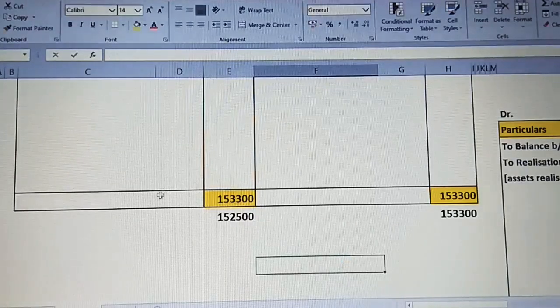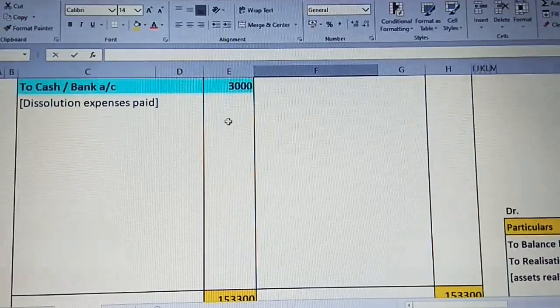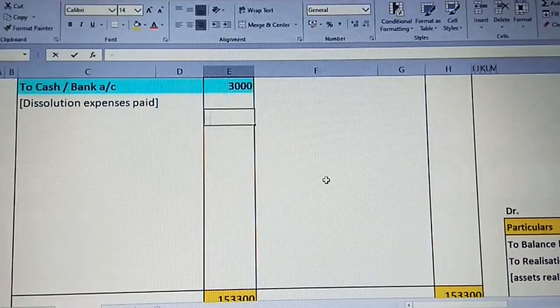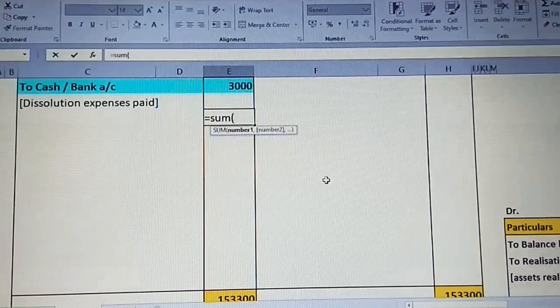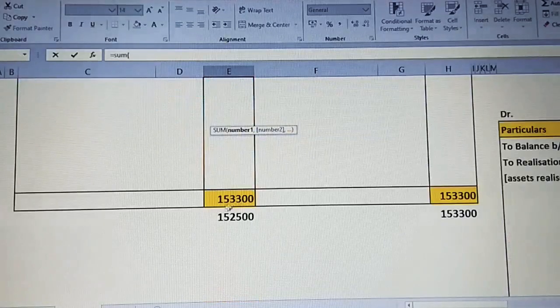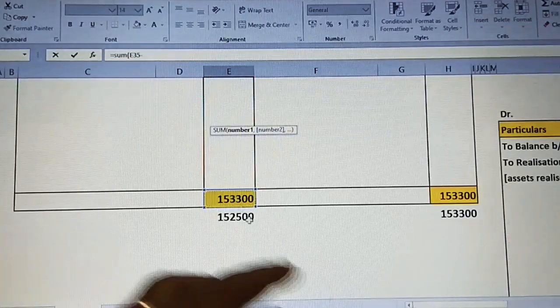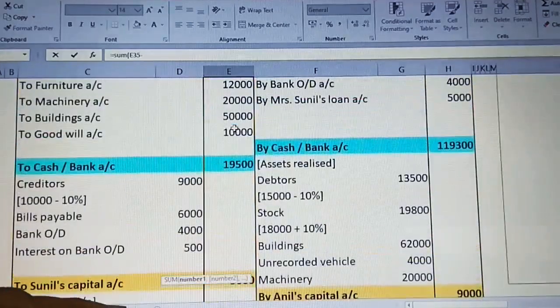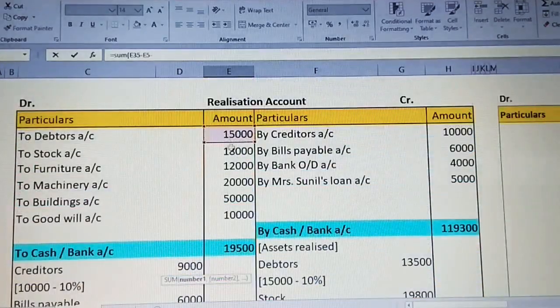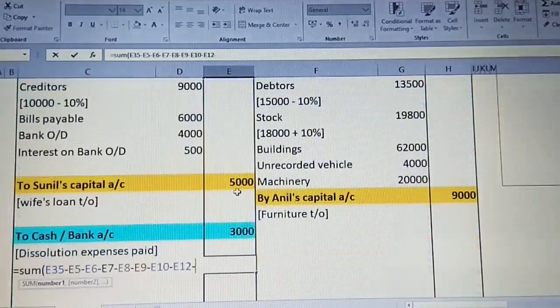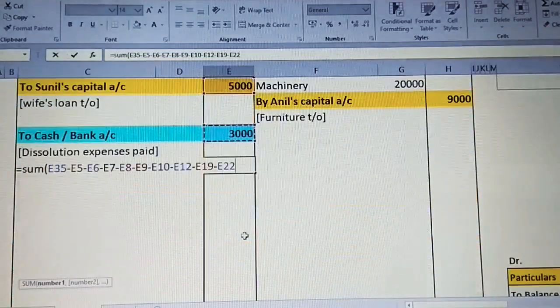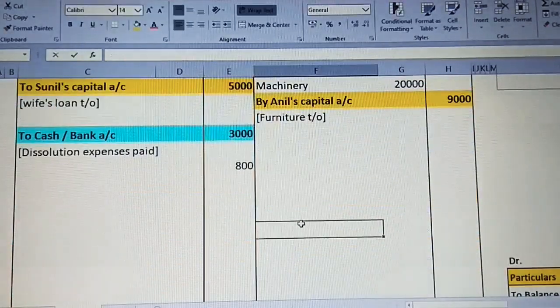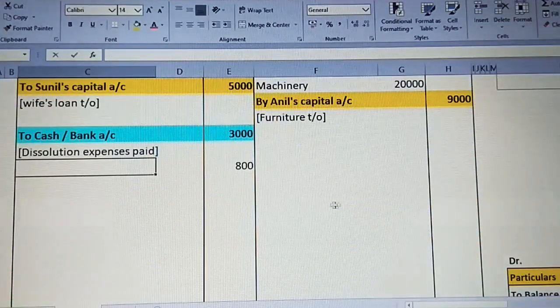Now we have taken this and we are going to find out what actually is going to be the difference. 1,53,300 minus this total, but still I have to go step by step because I am entering a format. So 800 is a profit on the realization of assets.